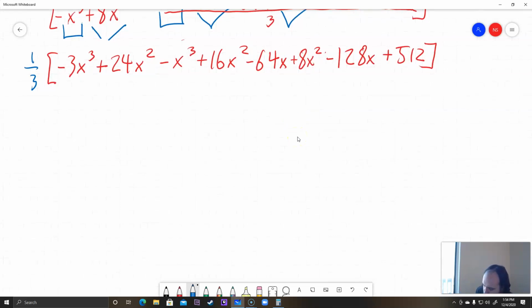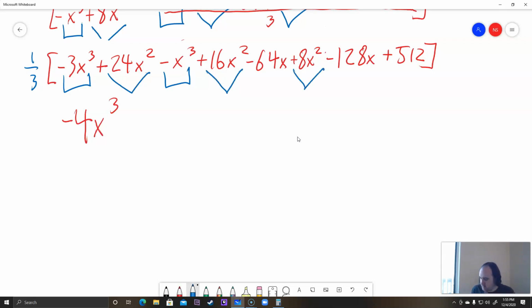So let's see, what do we got here? We've got negative 3x cubed and negative x cubed. Combining those, we're going to get negative 4x cubed. And then 24x squared, 16x squared, and 8x squared. So 24 plus 16 is going to be 40x squared, plus 8 is going to be 48x squared, right?